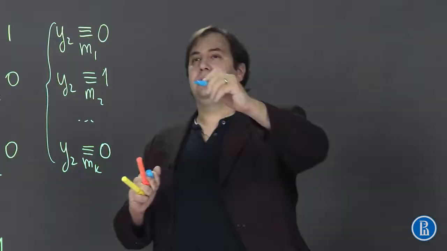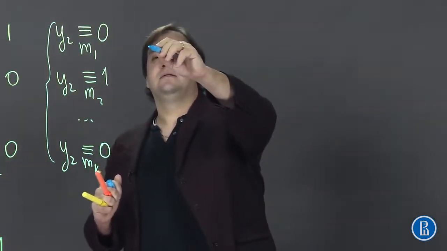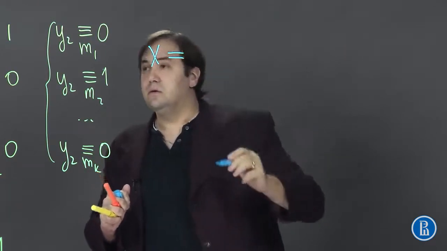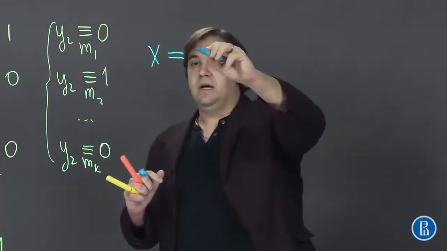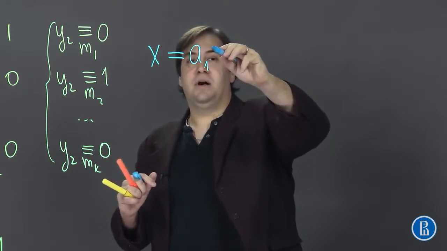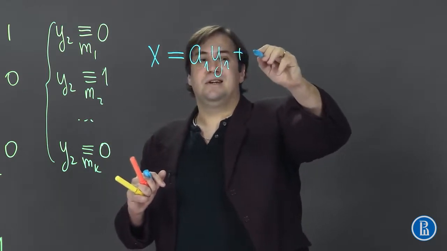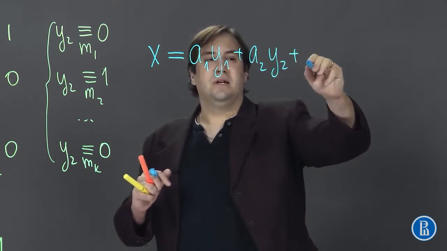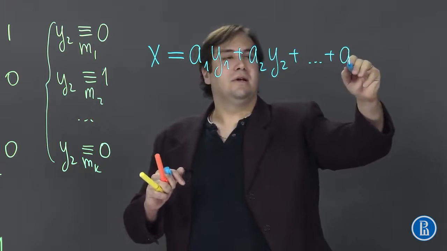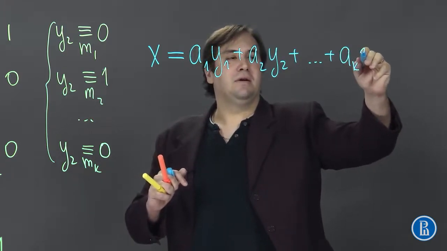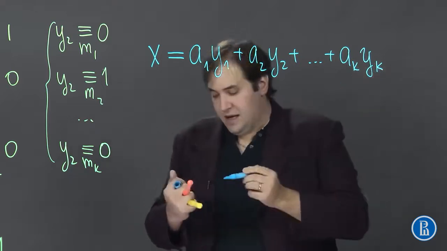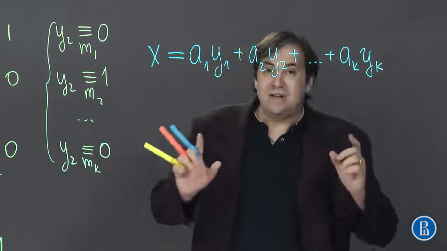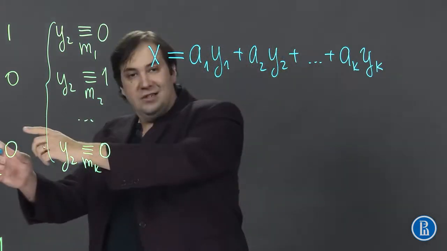We can take x to be equal to a1 multiplied by y1 plus a2 multiplied by y2 plus and so on, ak multiplied by yk. And this x, this integer, will satisfy the initial system of congruences.